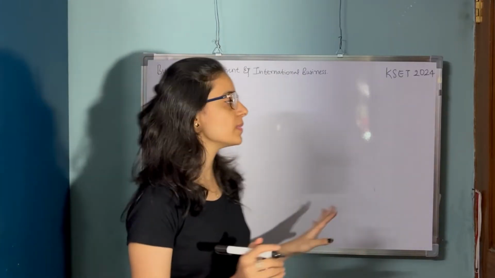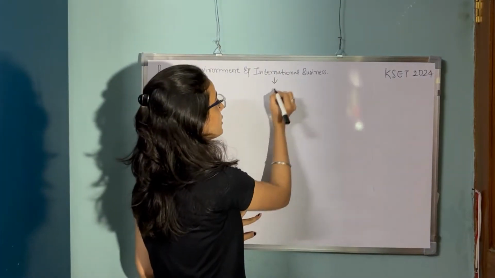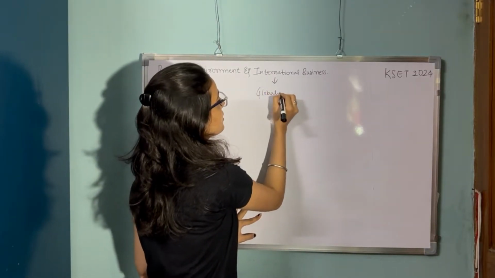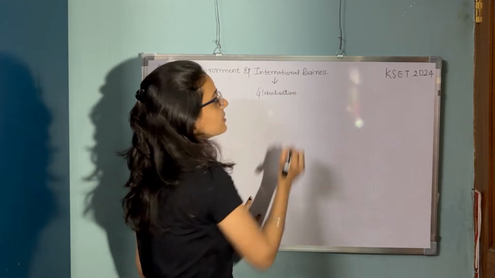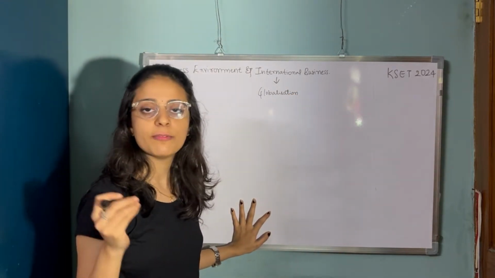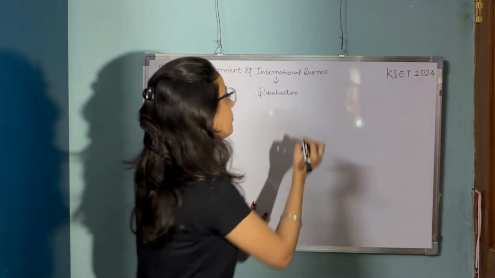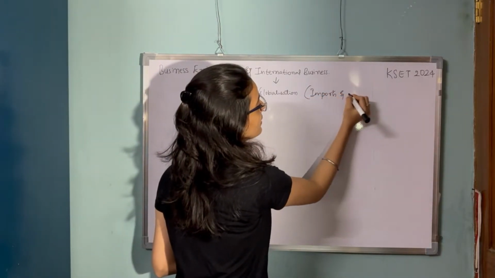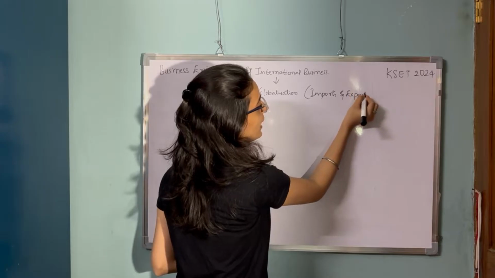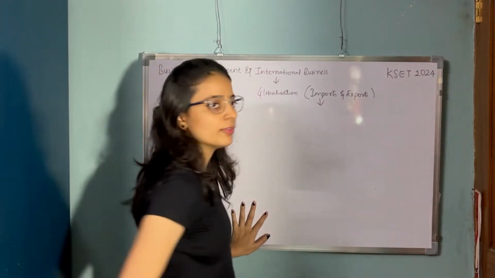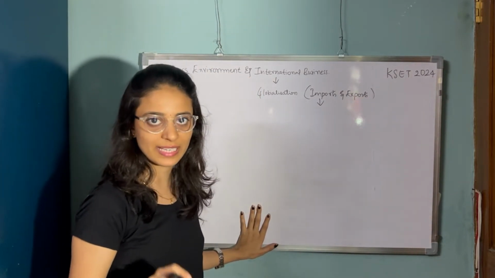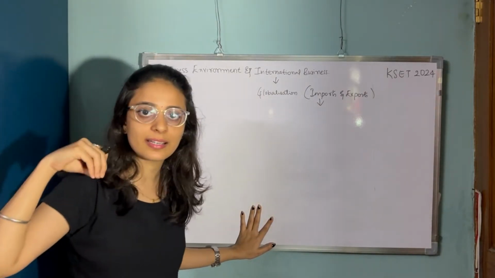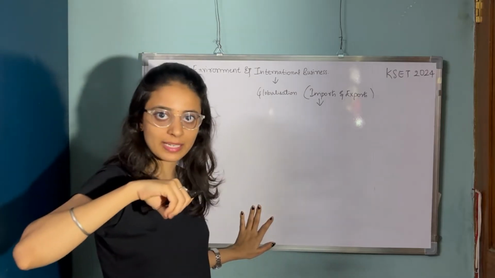So in our previous video, we have looked into concepts related to international business and globalization. So globalization is nothing but businesses across national borders, which in simple terms can be termed as imports and exports, right? Imports is something which, if I take an example of India, we are purchasing from another country.